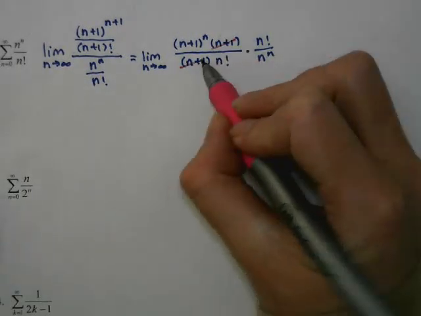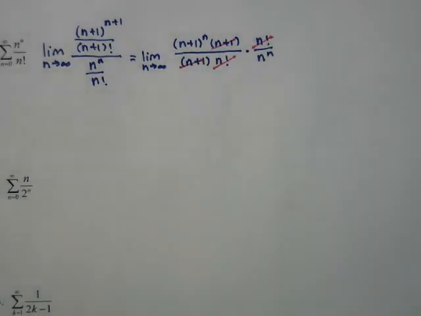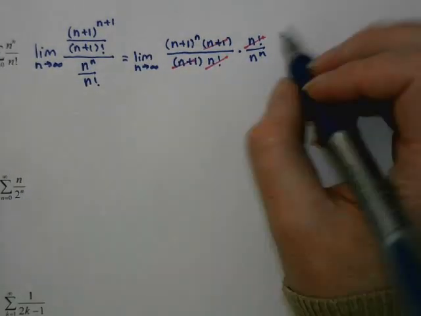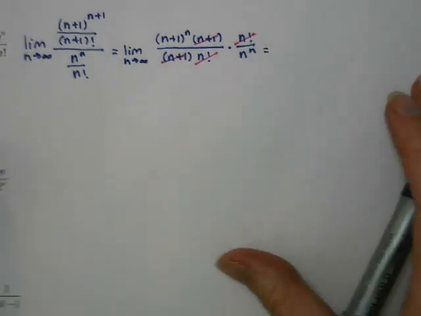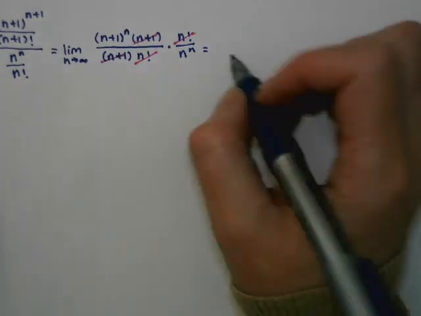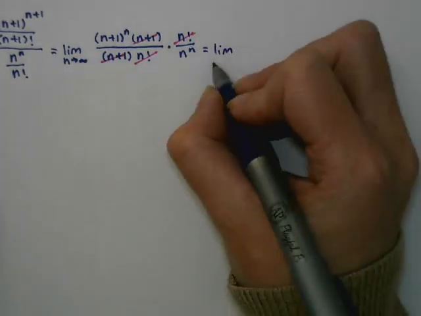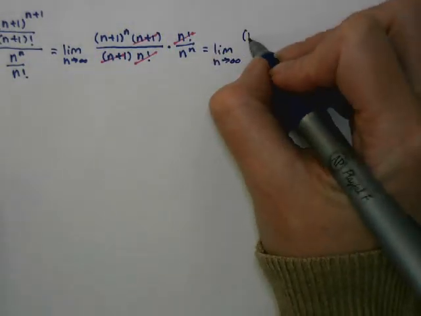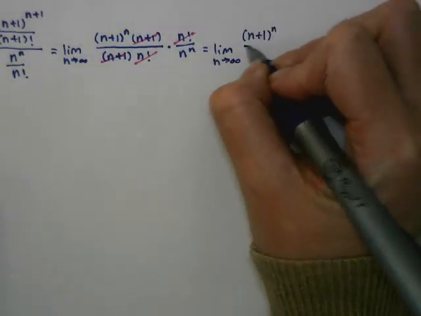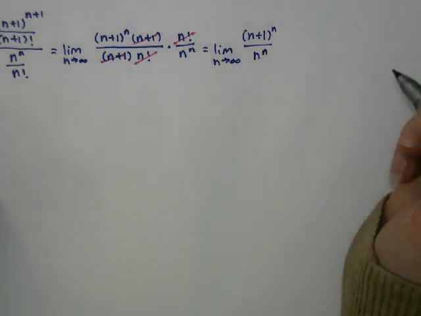So we get rid of the n plus 1, we get rid of the n factorial. So what I have left is n plus 1 to the n over n to the n.